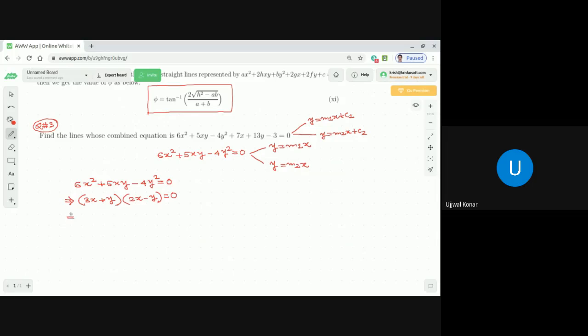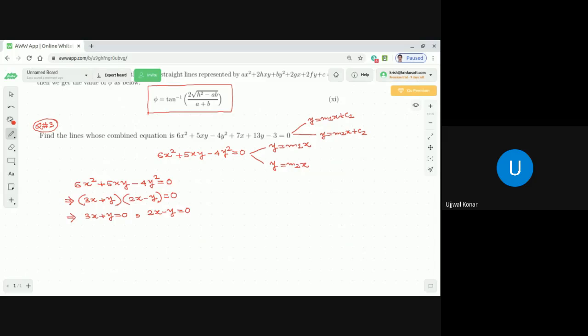So from here, what do we get? 3x + y = 0 and 2x − y = 0. So these are the two equations we get: 3x + y = 0 and 2x − y = 0.